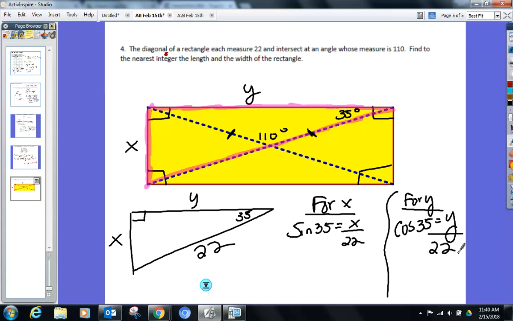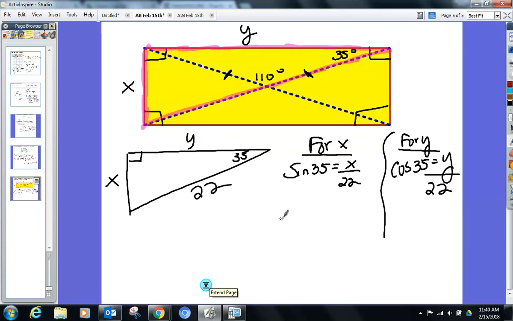And nearest integer, which means whole number, folks, whole number.